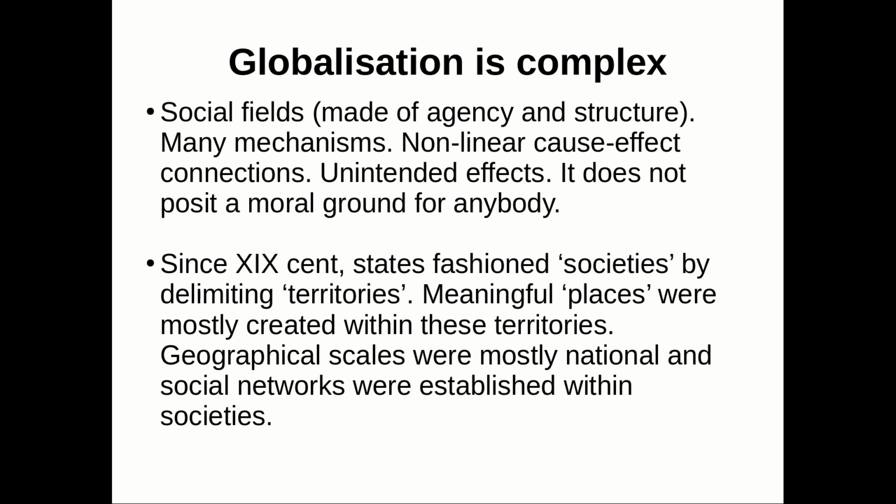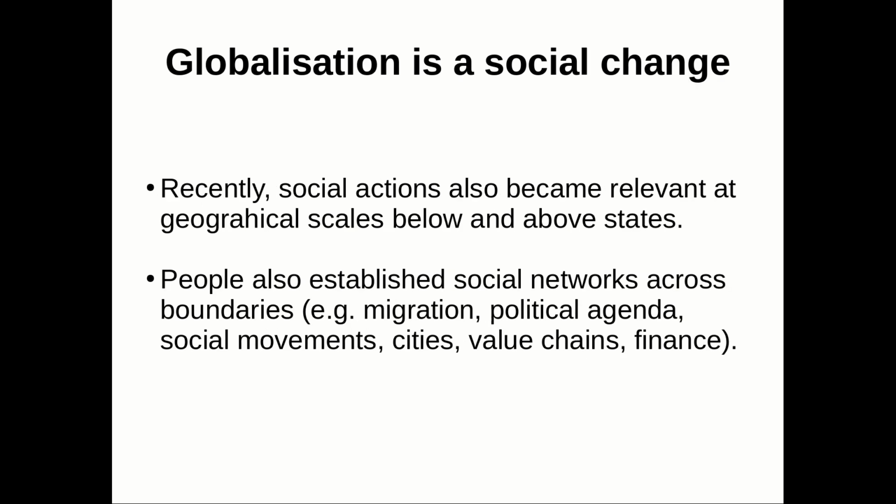Well, in the 19th century, geographical scales were mostly national, and social networks were established within societies. That's no longer the case. We no longer have only national scales and only national social networks. So globalization is a social change to the extent that the territorial matrix changed over time. Recently, social actions also became relevant at geographical scales that operate below and above states.